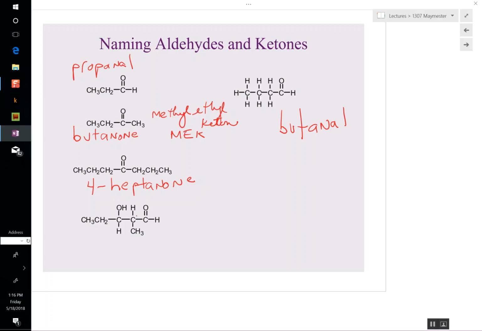And if that were just an aldehyde, if that OH wasn't there, what would you call it? Pentanal. Yeah, and there's a methyl group, but now this OH is going to be a substituent.